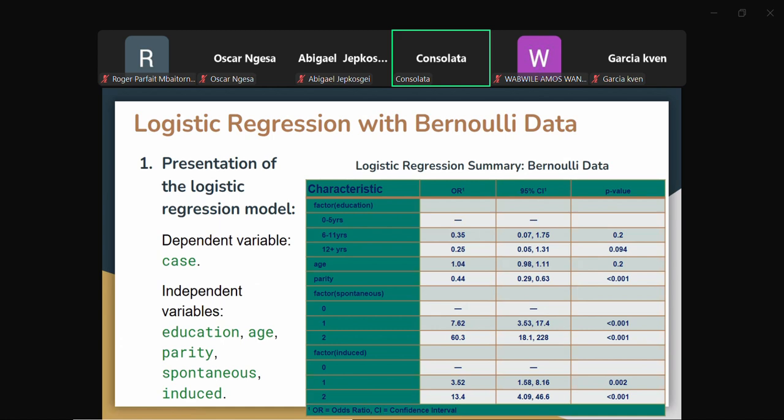So if you look at it, education and age have a p-value that is greater than 0.05, but the rest, that is parity, spontaneous abortions, and induced, all have a p-value less than 0.05. So they are main predictors of our outcome, which is whether you're fertile or infertile. So that was the output of Bernoulli data.